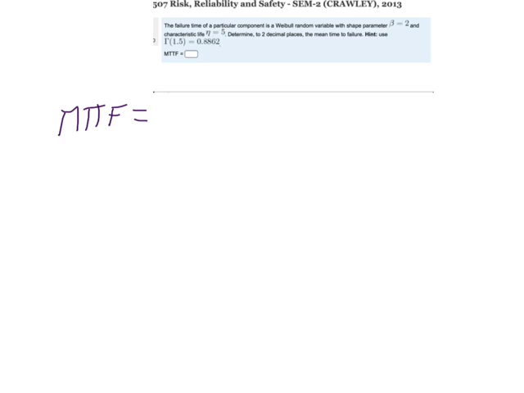Well, basically this is what we're doing. We're finding the mean time to failure of a system like that, only we don't need to use that ugly expression before the gamma, because that actually cancels out and just becomes eta times the gamma function of 1 plus 1 over beta when you just have the one component.